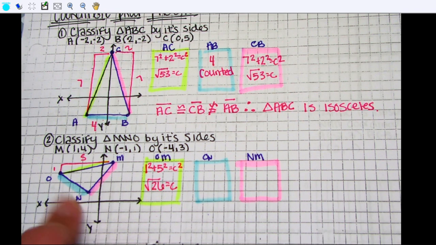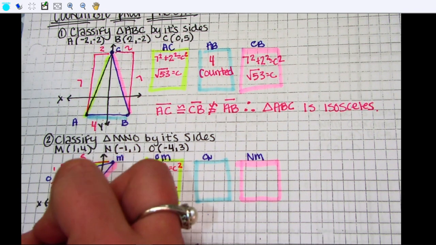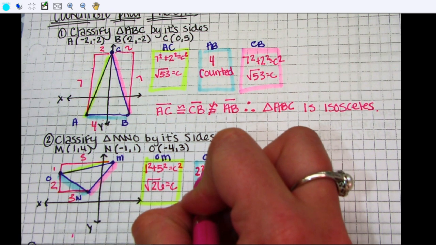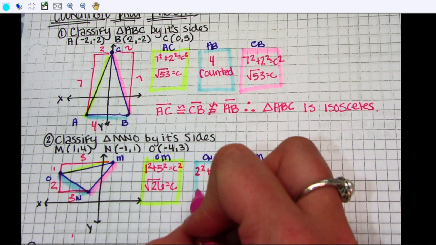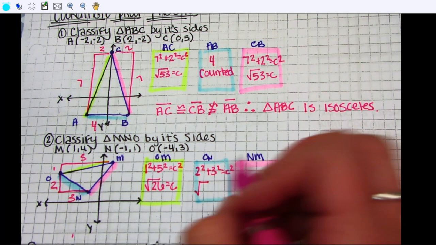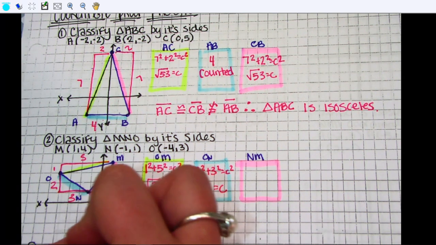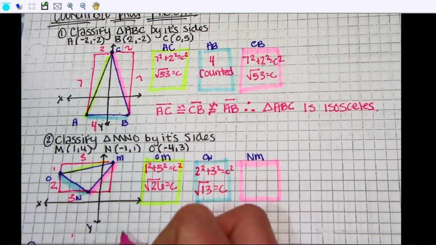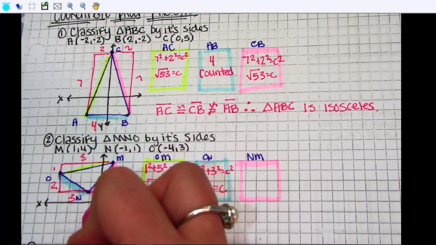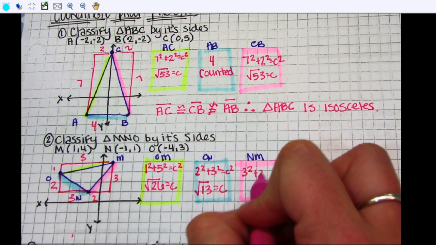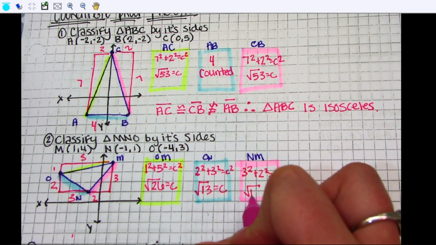What are my triangle lengths on ON? 2 and 3. So we had 2 squared plus 3 squared equals C squared, for the square root of what? 13. All right. What about NM? 3 and 2. So 3 squared plus 2 squared equals C squared to get the square root of 13.